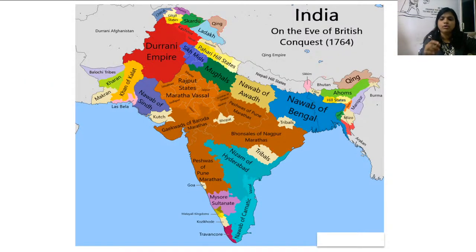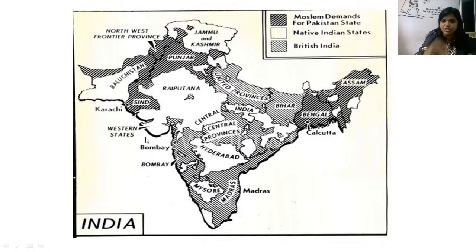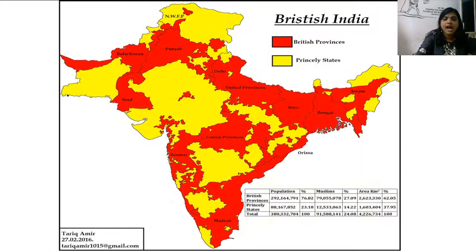This is what we discussed. When the Britishers conquered India, this was the status of India, and we have to identify how this changed later to this scenario. This is the overall British India for our understanding. You can see all the yellow color are princely states, and the red color are the British provinces.